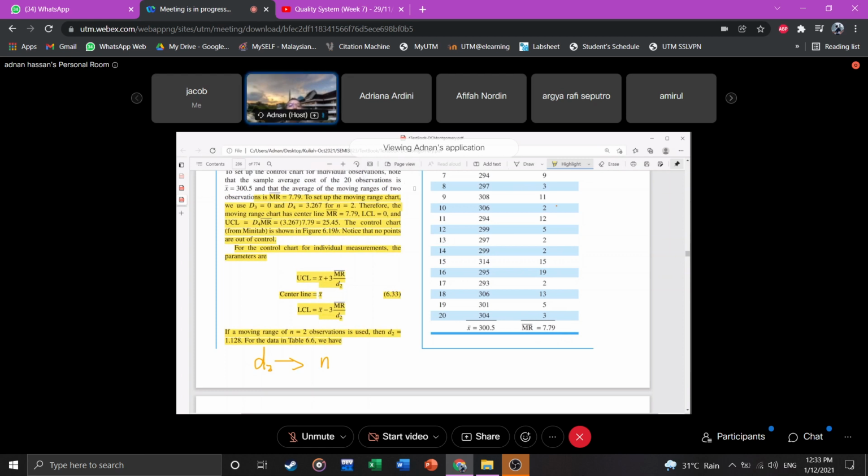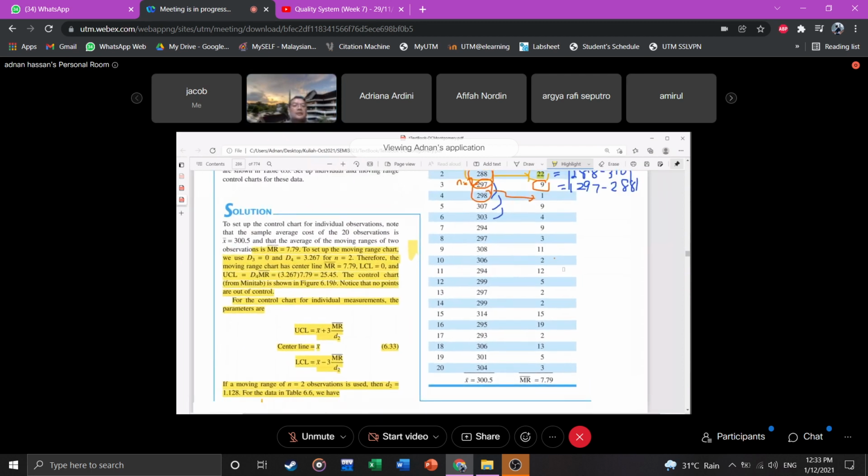So we get that MR, and we also need to know the MR chart, the moving range chart. So what we do is we use this formula.